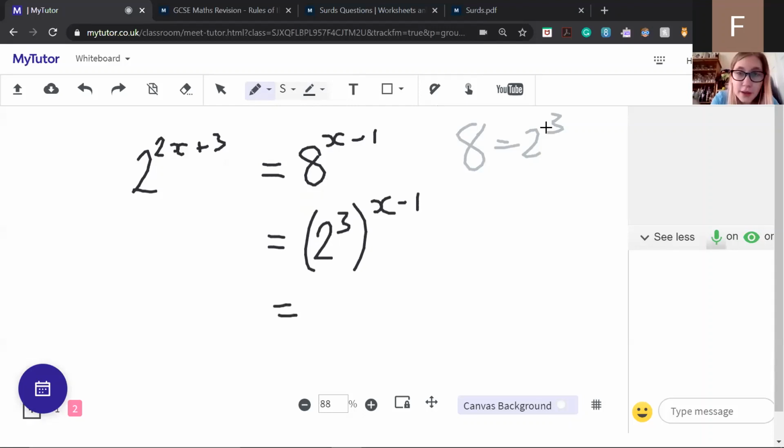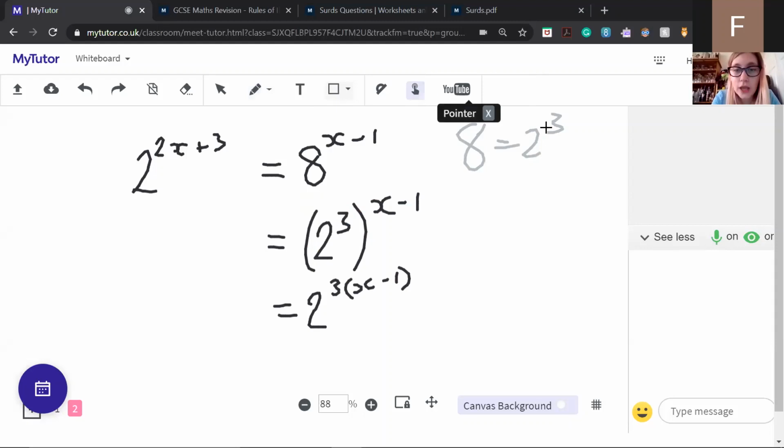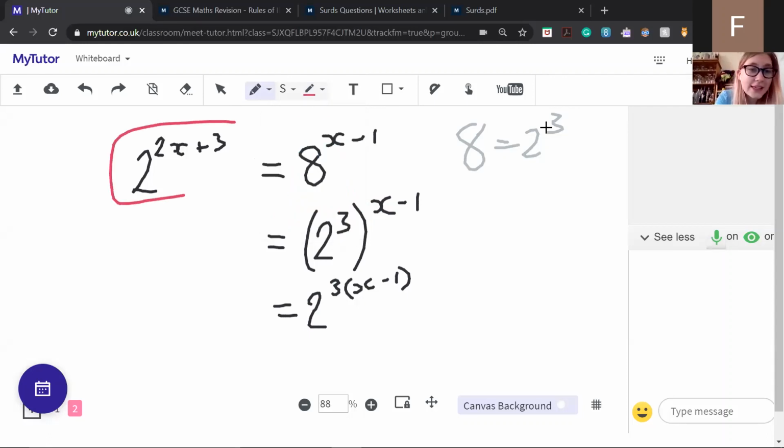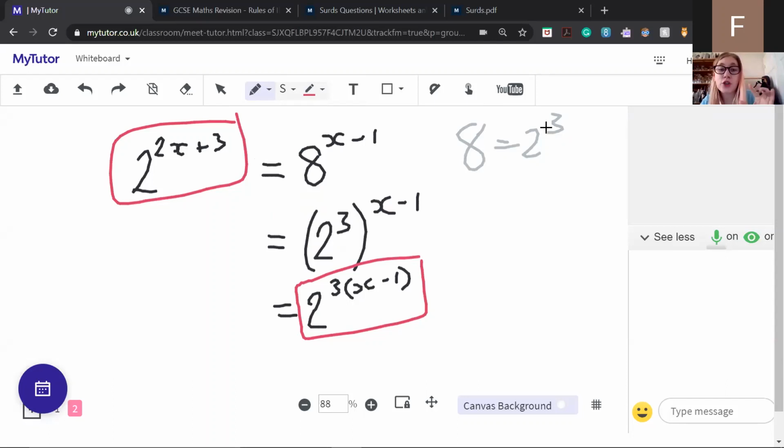And then, by our rules of indices, this is 3 times x minus 1, because it's to the power, we multiply them. So this is 2 to the power of 3 lots of x minus 1. I've just multiplied them here. And now look at this. This is equal to this. 2 to the 2x plus 3 is the same as 2 to the 3 lots of x minus 1.